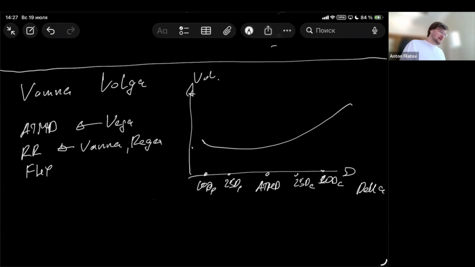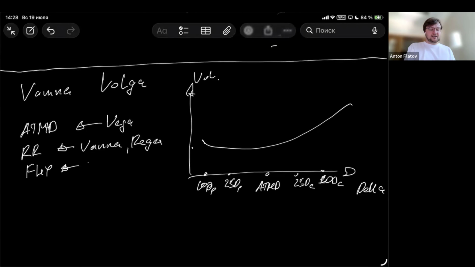Riega, I am not sure we covered this in the lectures, but it's a really close parameter. Basically, what is Riega? When you change your risk reversal, it changes the P&L of your portfolio. So this is the derivative of portfolio value to change in risk reversal. Technically, it's a derivative of option value to risk reversal. That's the same.